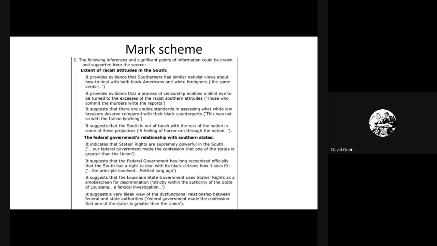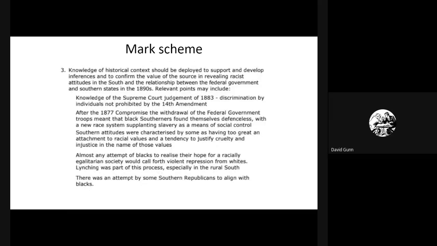Again, obviously you can pause this and look at what you pulled out and see if that matches. And then finally, in terms of the mark scheme, what knowledge could you use? It's saying the Supreme Court judgment of 1883, the 1877 compromise, lynching, and basically you could talk about Southern Republicans and how they were more pro civil rights. But this is what we talked about there.